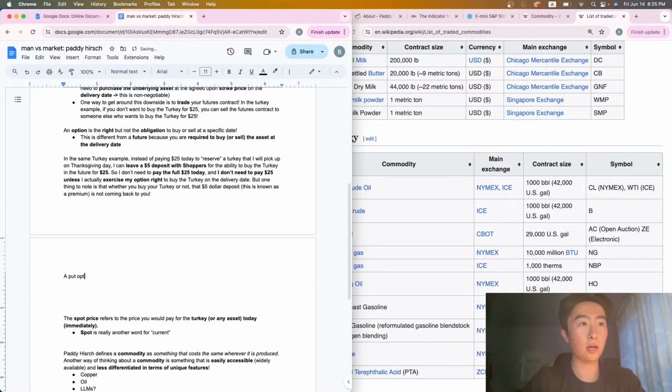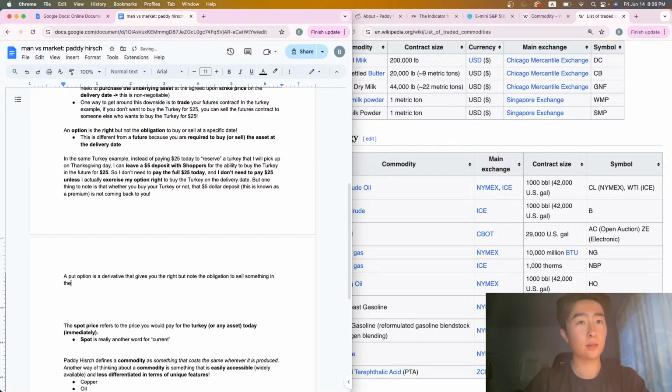So a put option, I think I'm actually going to go soon too. A put option is a derivative that gives you the right but not the obligation to sell something in the future.